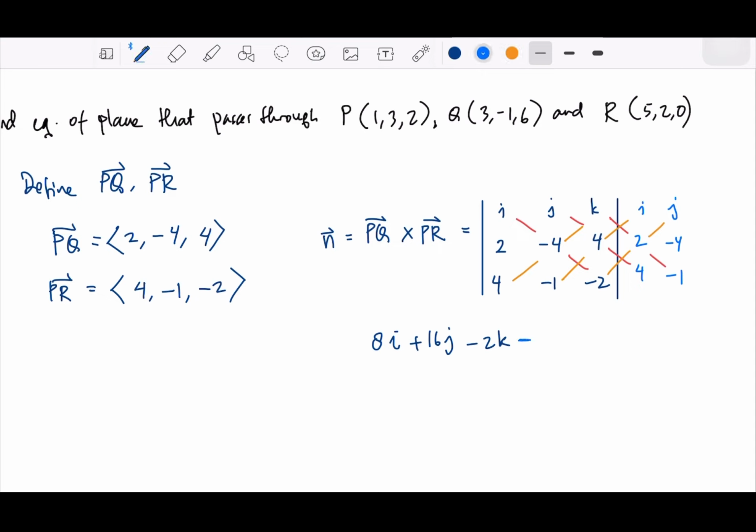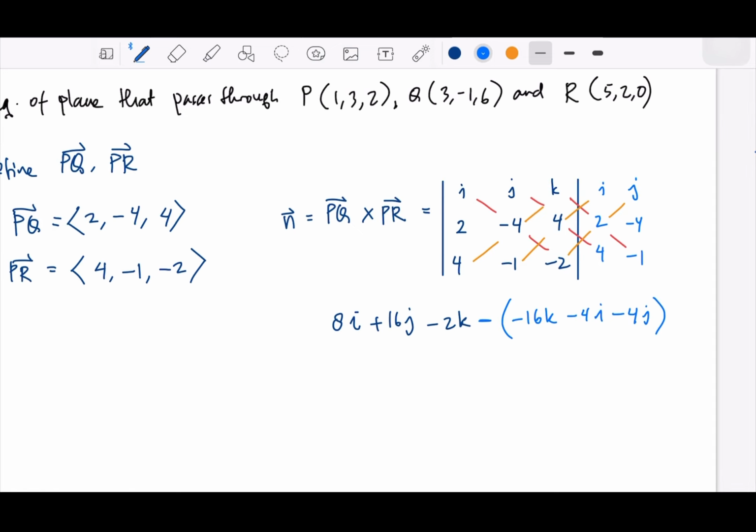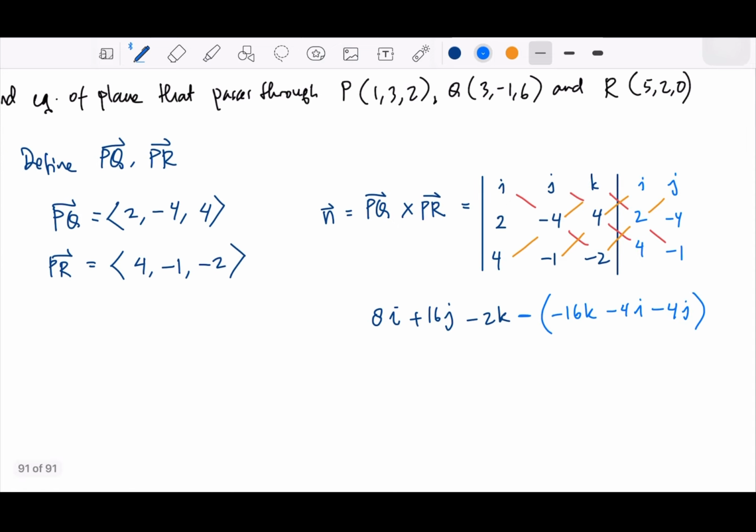And minus 16k. Oh, it's plus, just plus, because I already take the negative.